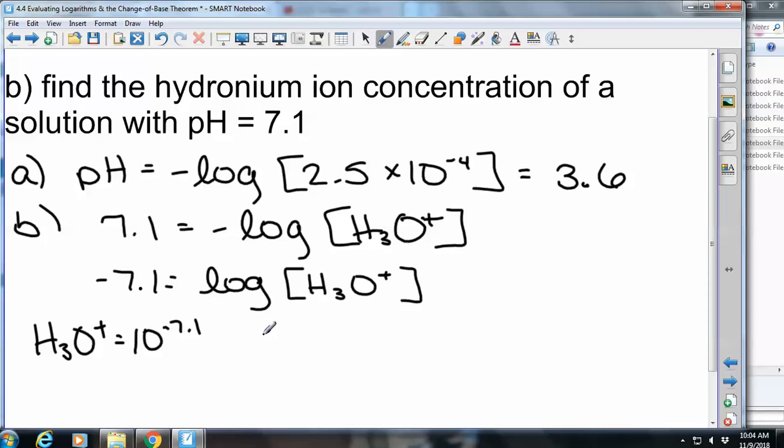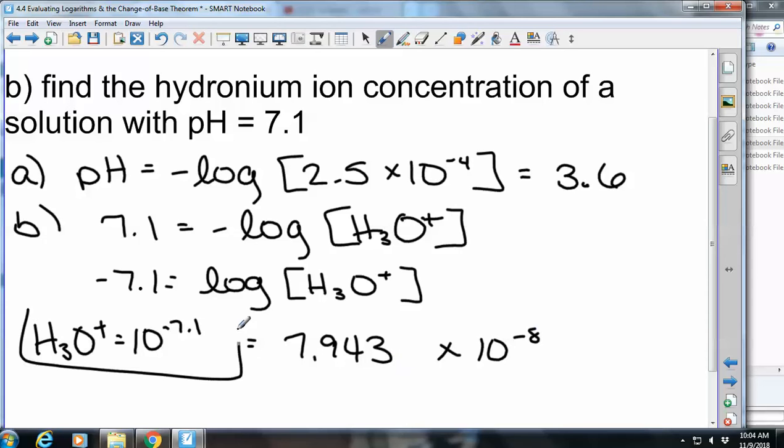If you type that in your calculator, it's pretty ugly. You get like 7.943, and at the end it has e to the -8, that means times 10 to the -8. I would accept if you just want to leave your answer as 10 to the -7.1, that's okay with me.